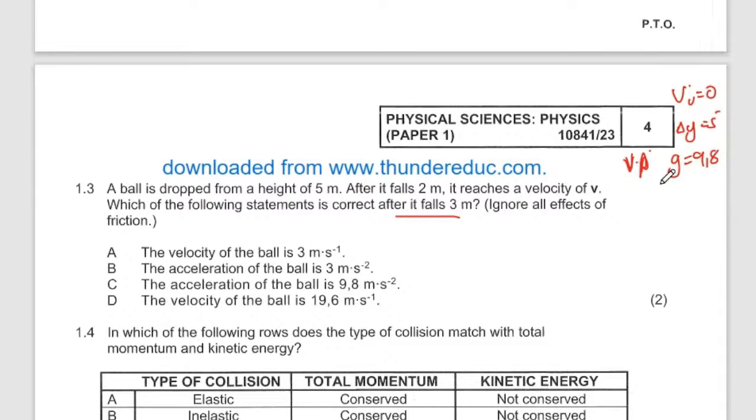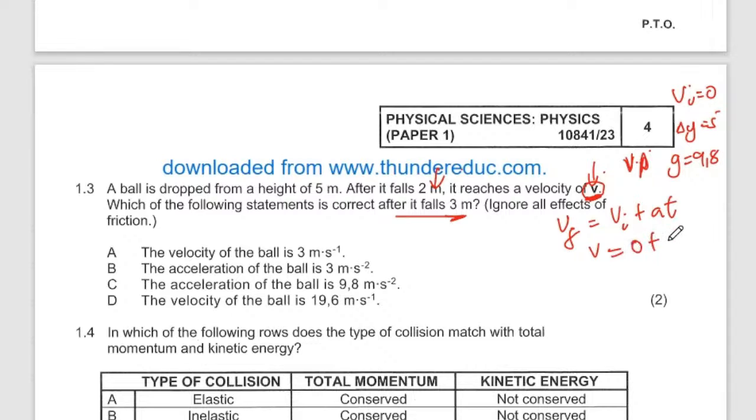Okay. Now after it has fallen 2 meters, it reaches a velocity. They want us to get a statement for 3 meters, telling us at 3 meters, the velocity is going to be this. I don't know that. Let me first find what the speed is at 2 meters and then at 3. So if I use the VF equals VI plus a t, or g t, VF is what I'm looking for.